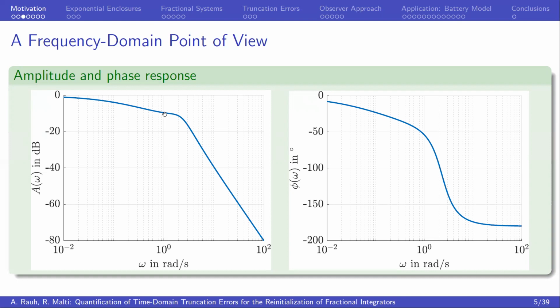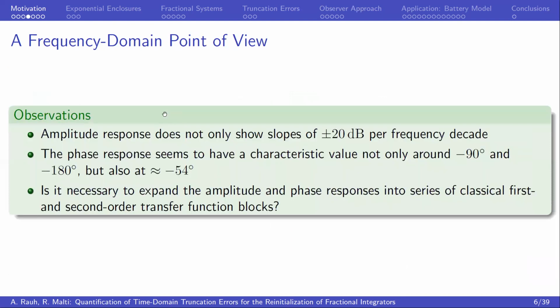Now the question is: is this a linear system model that we have? Obviously, it contradicts the classical amplitude variations of plus minus 20 decibels per frequency decade. And it also contradicts the classical phase variations with the characteristic points of minus 90 degrees and minus 180 degrees, if this was a second order system model.